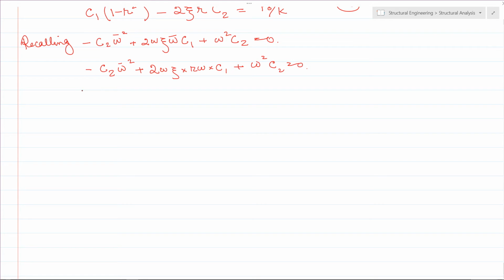So from here we can say that it will be minus C2 omega bar square plus 2 xc R into omega square times C1 plus omega square C2 is equal to 0.